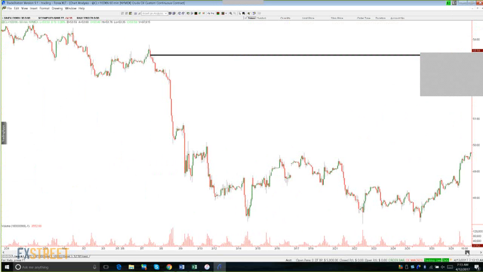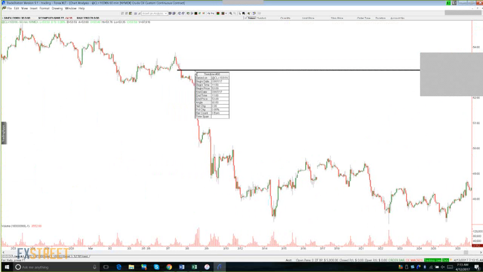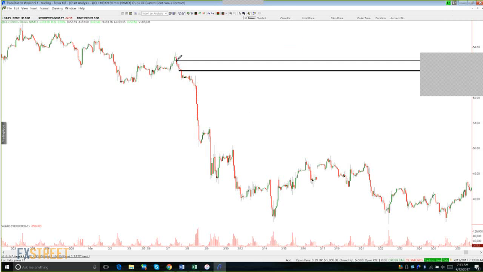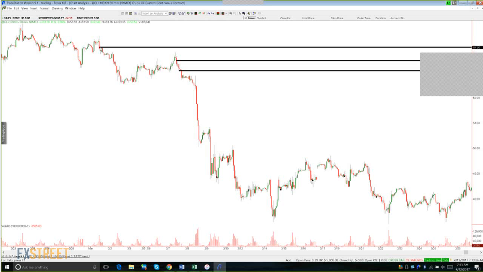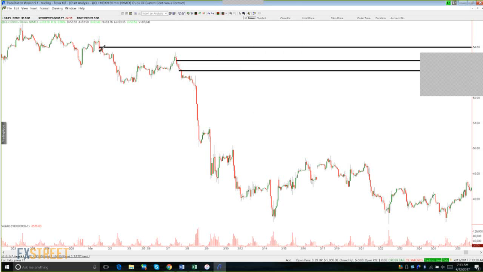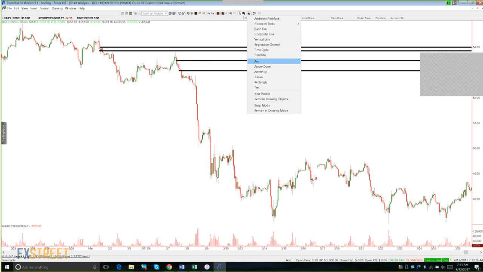Okay. So you can see in oil, I'm just going to put in a bunch of little levels here. You got that area. I'm just putting in the stuff that meets the criteria that we're looking for.